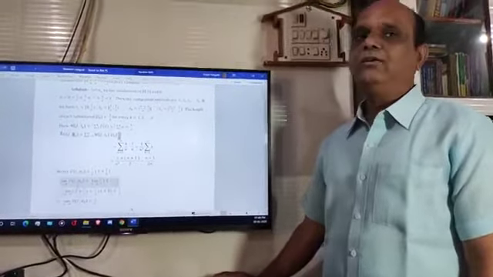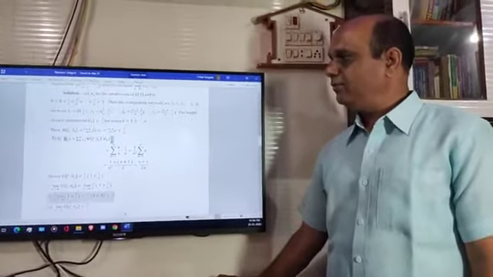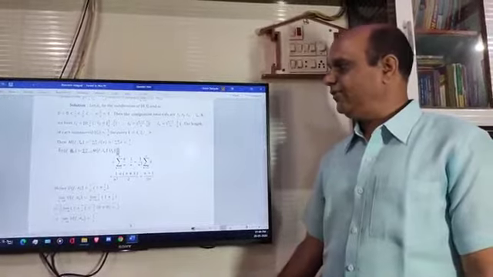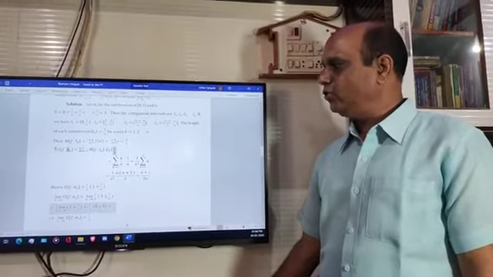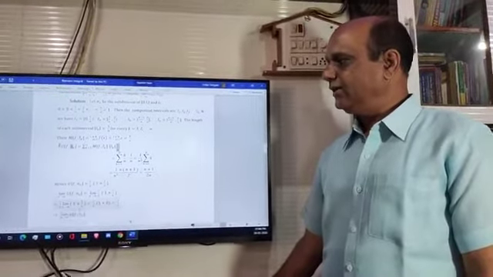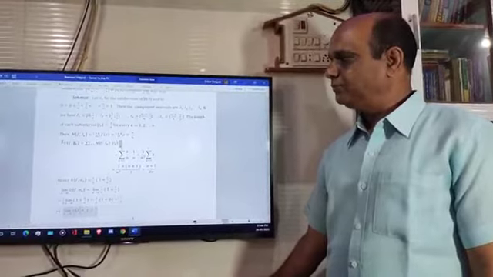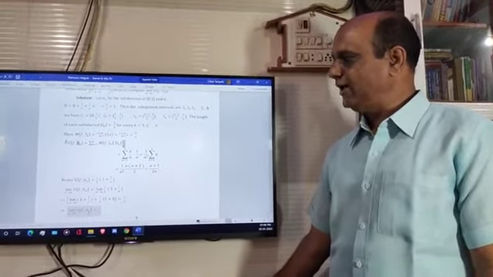Clearly the limit of 1 as n tends to infinity is 1, and the limit of 1 by n is 0, and therefore we get 1 by 2 into 1 plus 0, that is, after simplification, 1 by 2. That is, the limit as n tends to infinity of the upper sum for f corresponding to sigma n is 1 by 2.